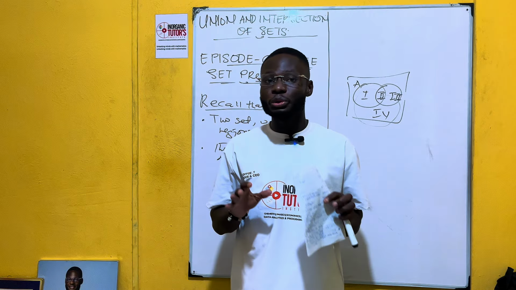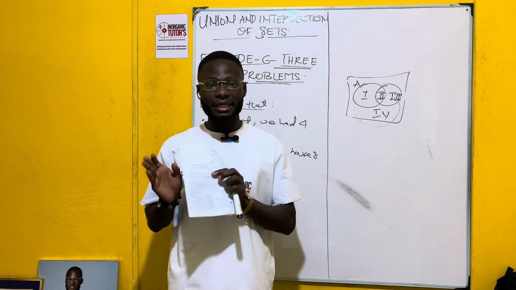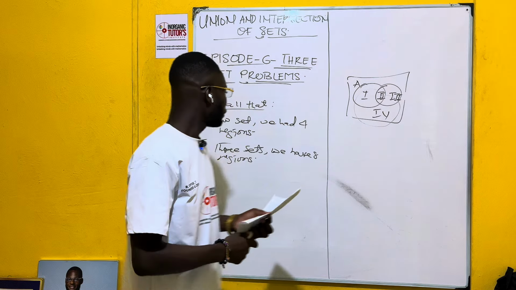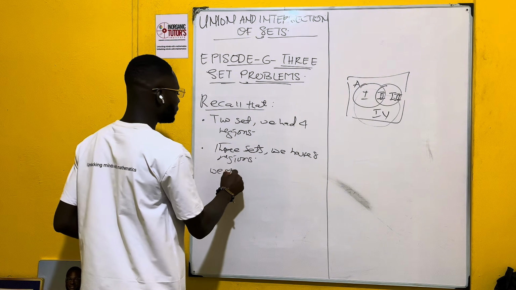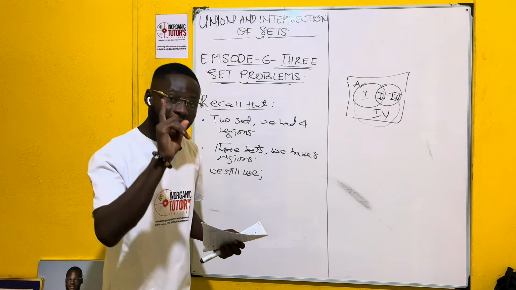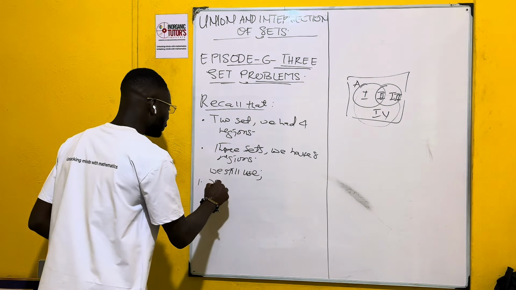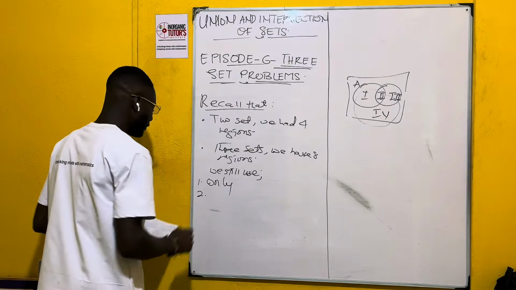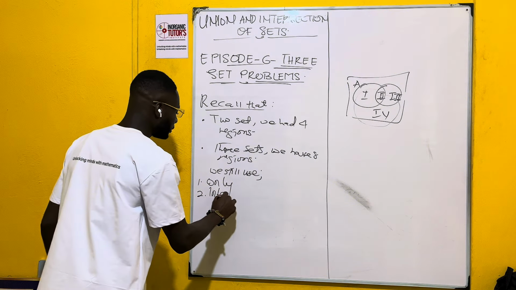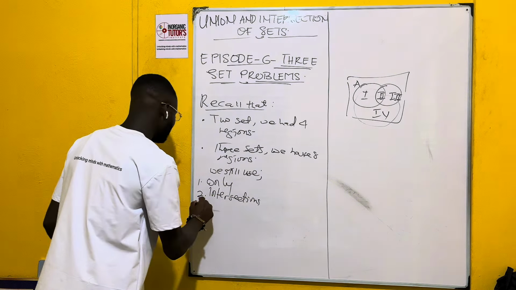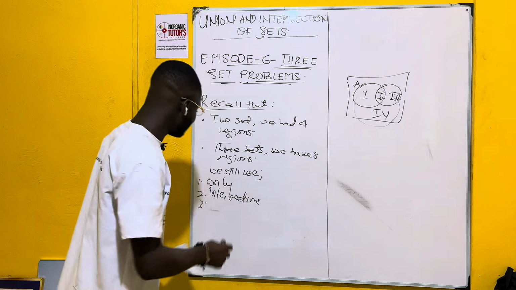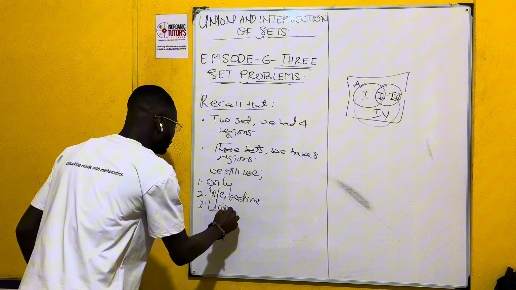And do you know one interesting thing about it? We are still going to use the terminologies that we used in the 2 set problem. One, the word only. Two, intersection. Three, union of a set.